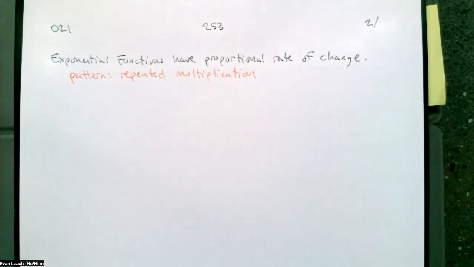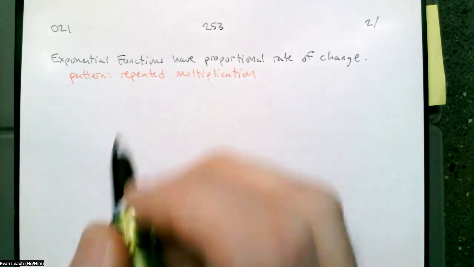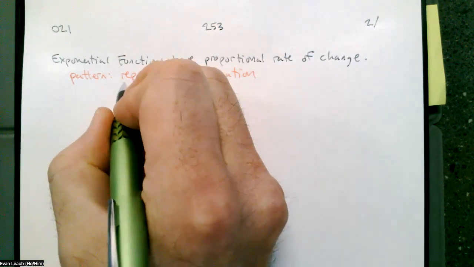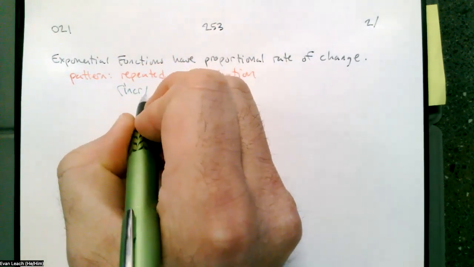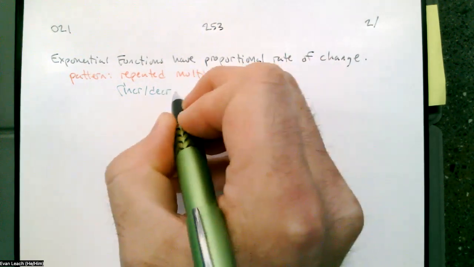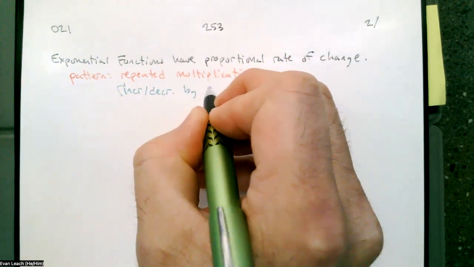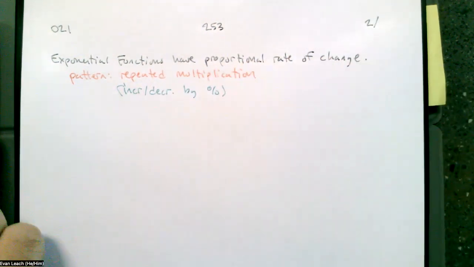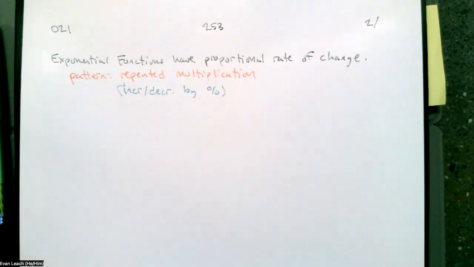Exponential functions with their proportional rates of change will produce a pattern of repeated multiplication. The other way to identify an exponential function is that the increase will be by a percent. This is equivalent to saying proportional rate of change.